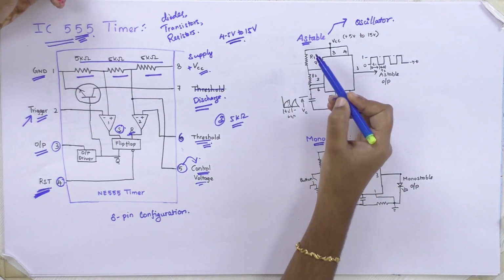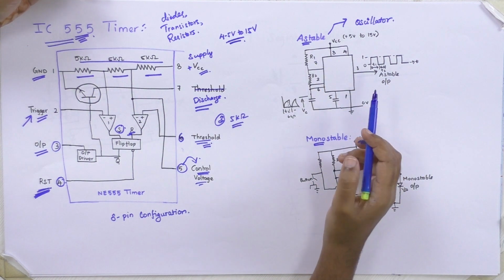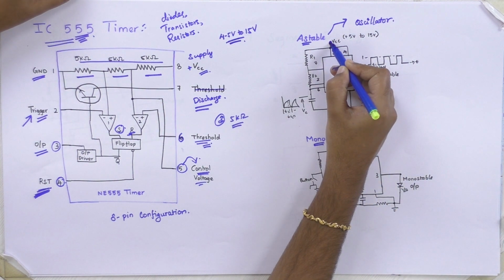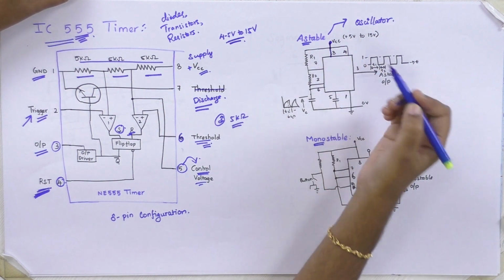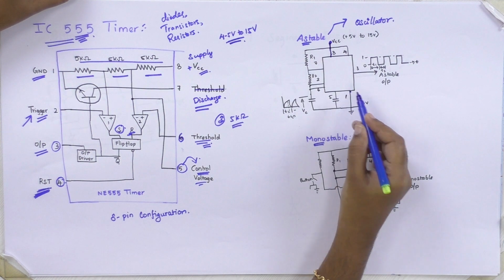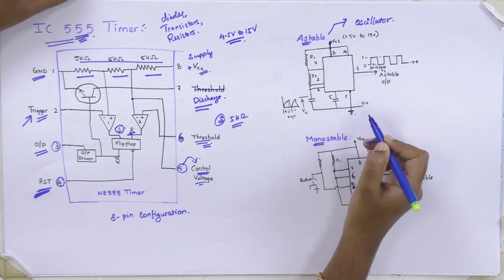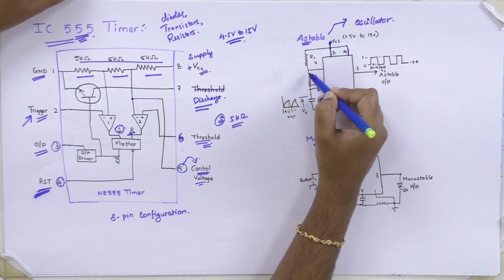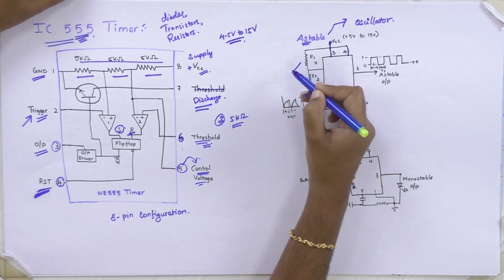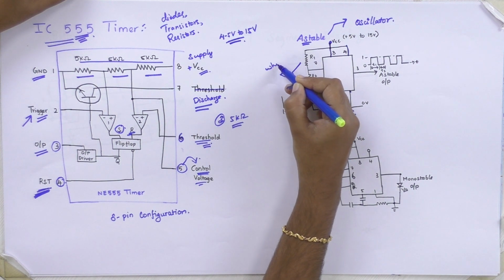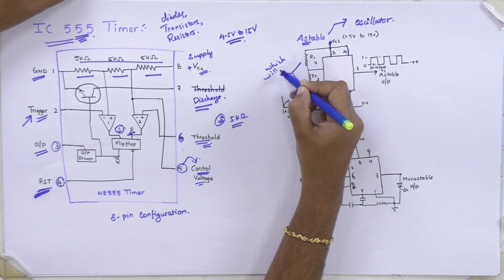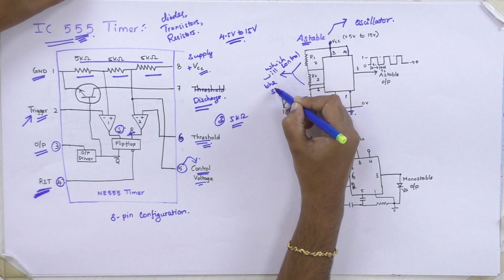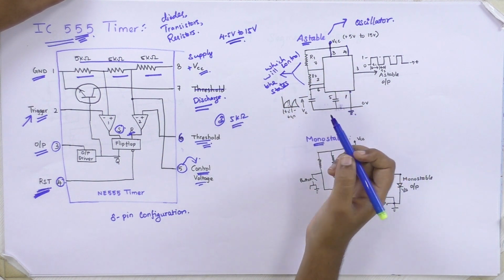Next, in the astable multivibrator operation of the 555 timer, you will be giving a supply to the 8th pin and ground to the first pin. In between, on the 4th pin you will be connecting an external resistor, which will control the stable states.